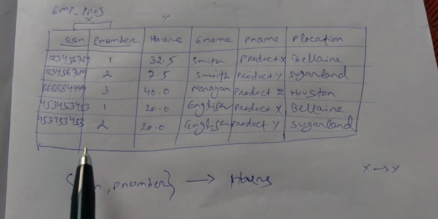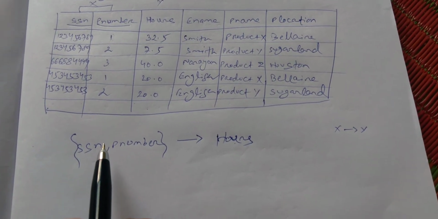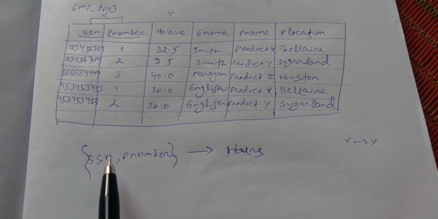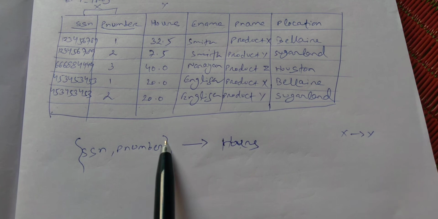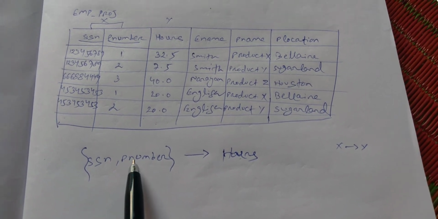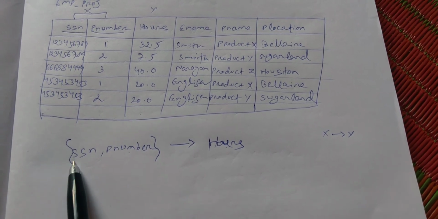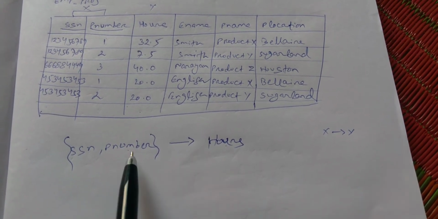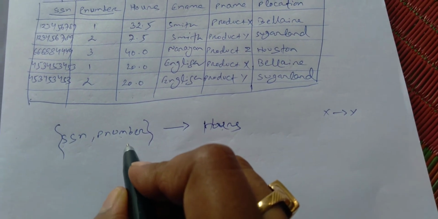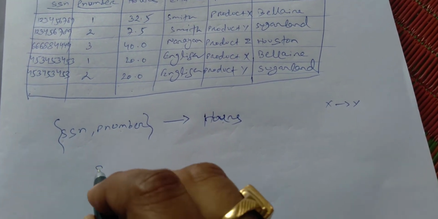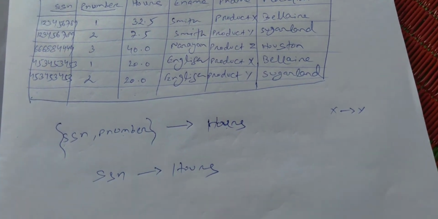Okay, so now what do you mean by full functional dependency? Full functional dependency says that removing any of the attribute from this side, if it is a combination of attributes, the X side, then you remove any attribute, say this one or this one, then still the functional dependency will hold. Suppose I am removing P number from this combination, so my functional dependency will be between SSN and hours.